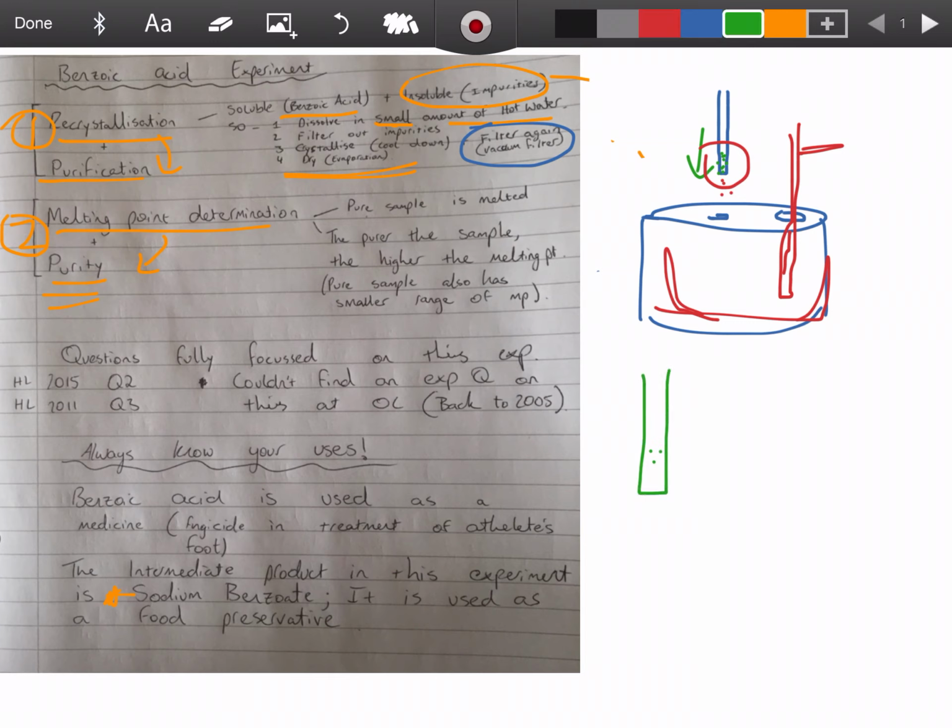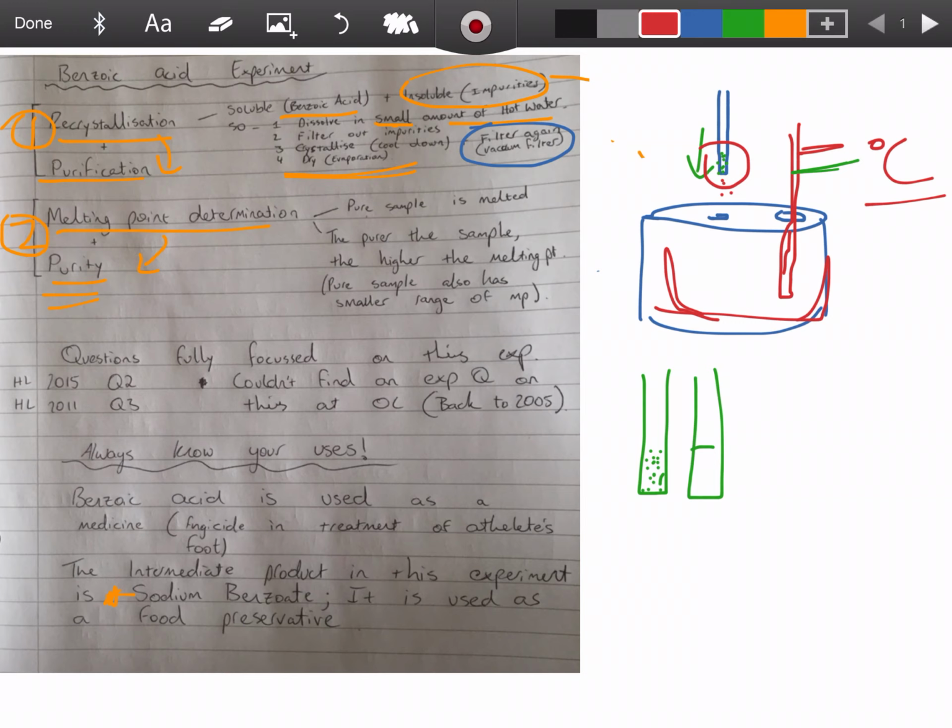If you think about that white powder being heated up like it would with salt or sugar or anything else, it then starts to form a clear liquid, and we see a liquid forming instead. And that gives us our melting point, and all we have to do is read the temperature from the thermometer, and we'll get that in Celsius. You can change it into Kelvin if you so wish. So that's all there is to it.